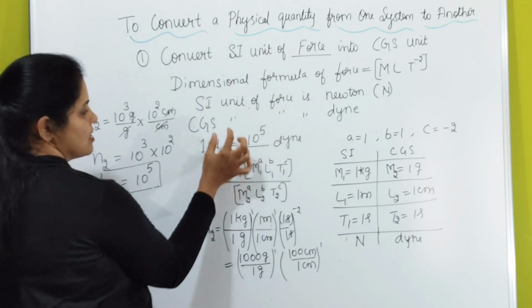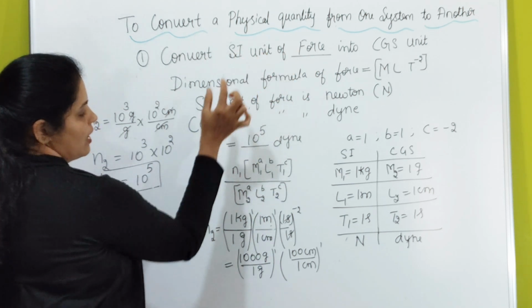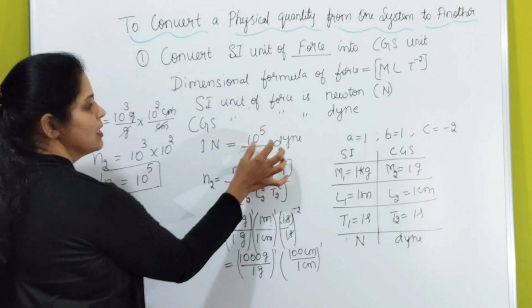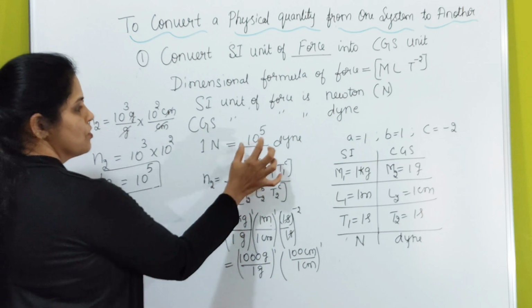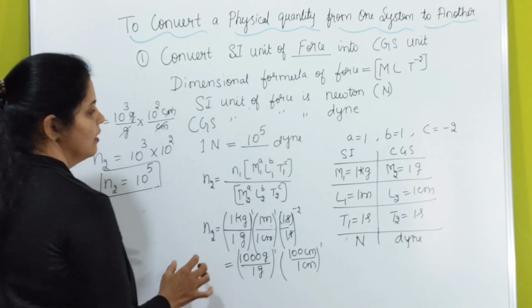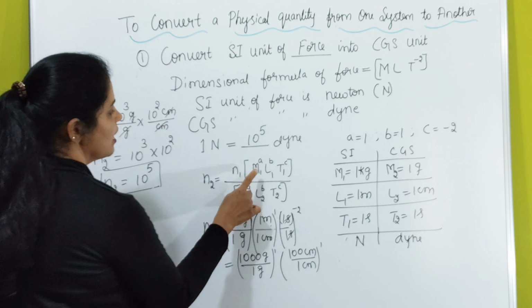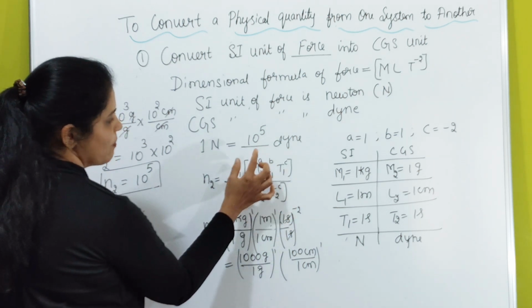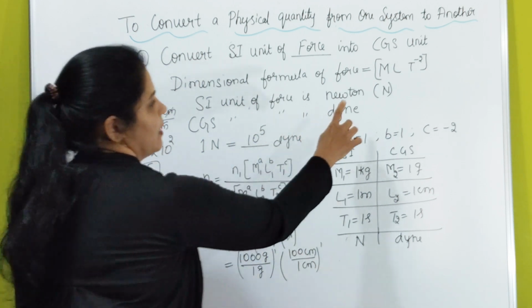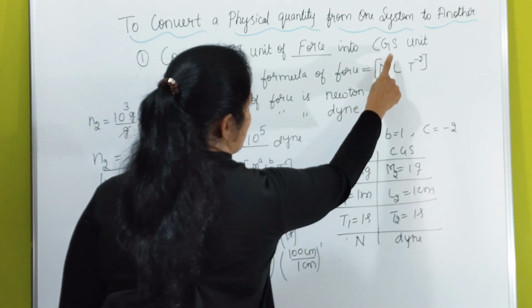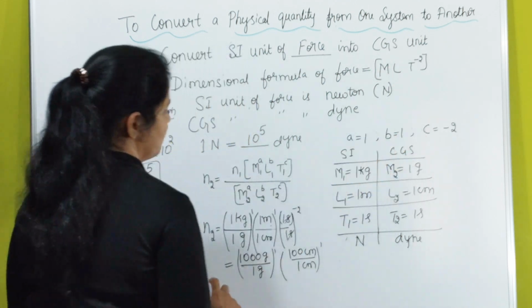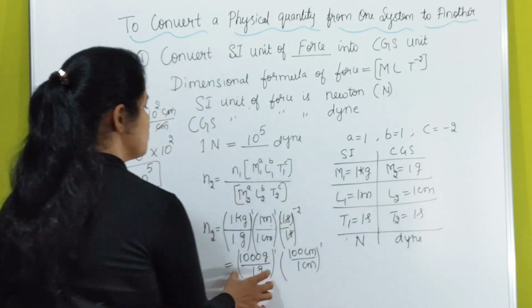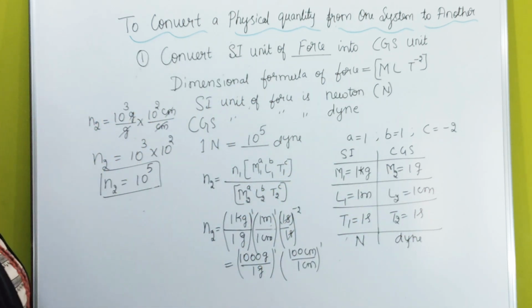How many dyne is 1 Newton? To convert, we take the help of dimensions. In SI, write M1, L1, T1 as fundamental quantities with powers A, B, C. The standard powers are A is 1, B is 1, C is minus 2, and M2, L2, T2 are the fundamental quantities in CGS. Substituting, you will get the answer as 10 power 5.